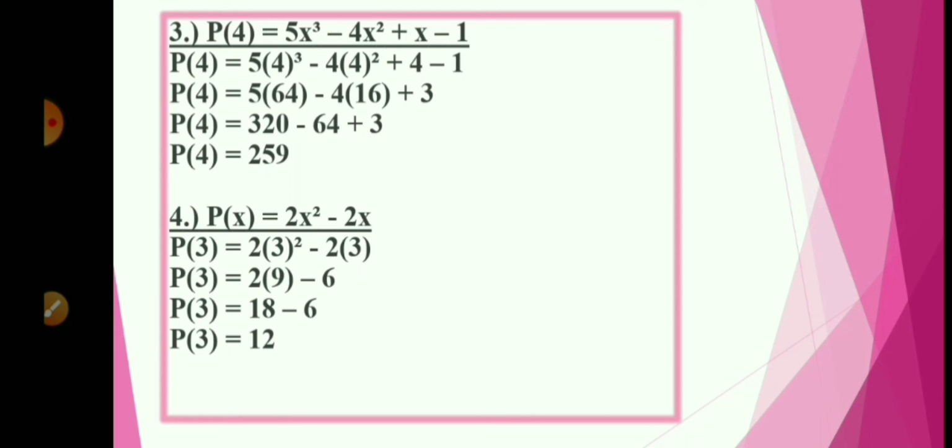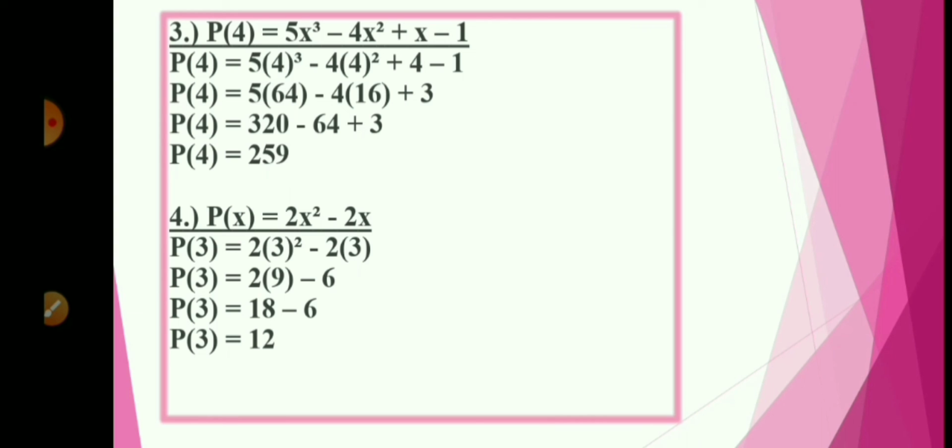Number 4 example, we have p of x equal to 2x squared minus 2x. In this problem, it is a binomial. The number 3 equation has 4 terms, and number 4 has 2 terms. If the value of x is equal to 3, then we just simply substitute it into our equation.